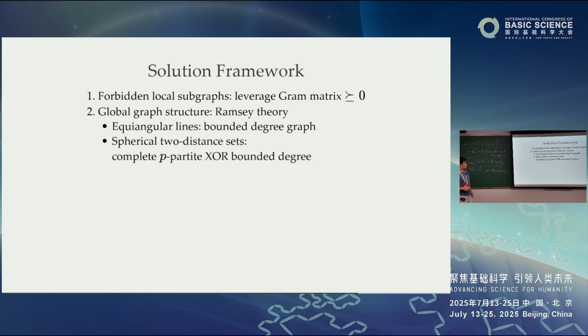And second, globally, we know the graph representing this two-distance set satisfies some really nice properties. For equiangular lines, as I already explained, the graph can be made bounded degree. And for spherical two-distance sets, it's the following result. Remember the parameter p that I mentioned in the previous slide? If you zoom out and look at the graph far away, you realize the graph itself is a complete p-partite graph.